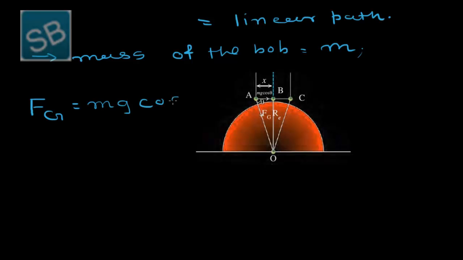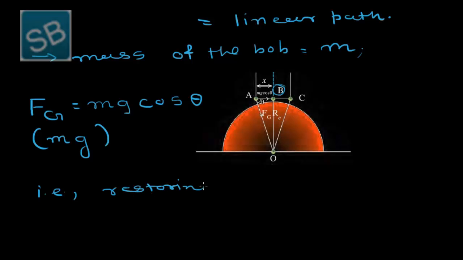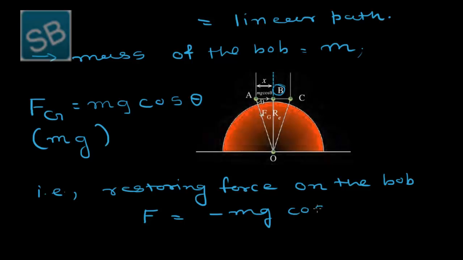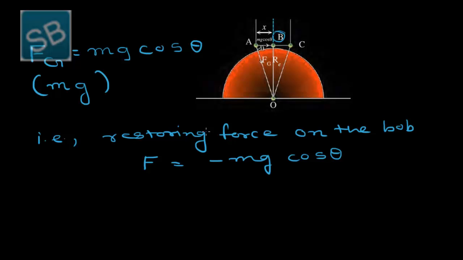So the x component is mg cos theta, and we consider that the Fg value is equal to mass into gravitation, and this force is providing the necessary restoring force at position D. That means the restoring force on the bob F is equal to minus mg cos theta. Because the force is restoring, the negative sign will come.